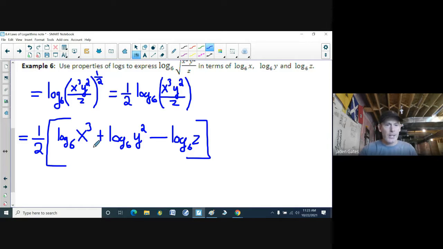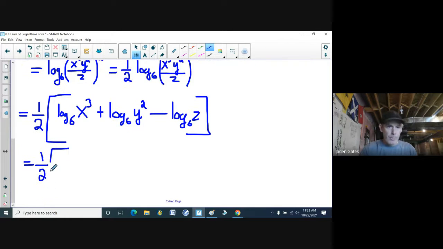All right. So on all of those, I'm going to bring the exponent down in front. So I got 1/2, again, multiplied by, again, I'm going to take this exponent 3 off the x using our log rule. So I'm going to have 3 times log base 6 x.